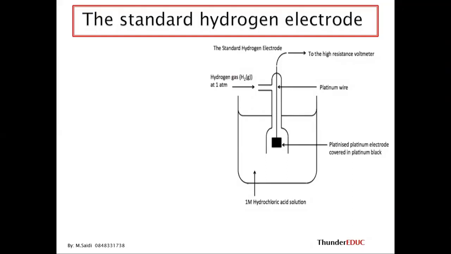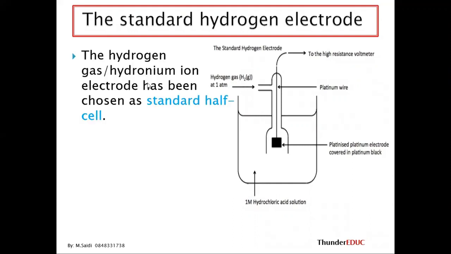Below it, it means that the cell cannot continue. So we are saying that the hydrogen gas, or hydronium ion, electrode has been chosen to be the standard half cell.